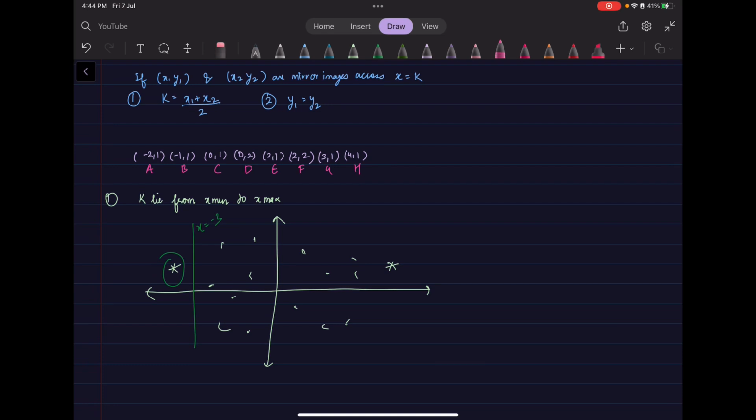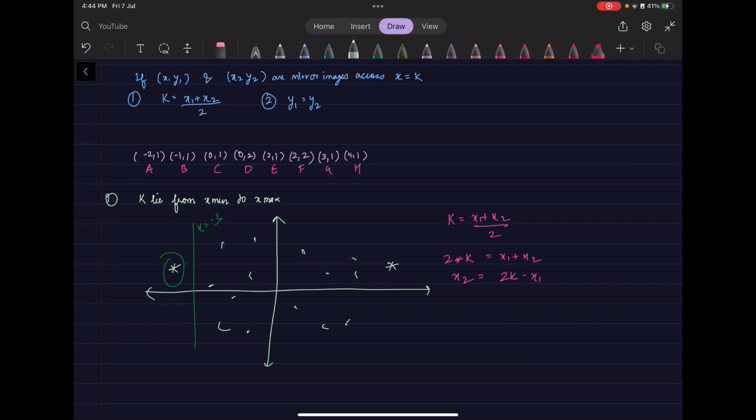And how I am going to do that is, I am again going to use this equation only, x equal to x1 plus x2 by 2, or 2k is equal to x1 plus x2, or the x2 point is nothing but 2k minus x1. So this is one method.